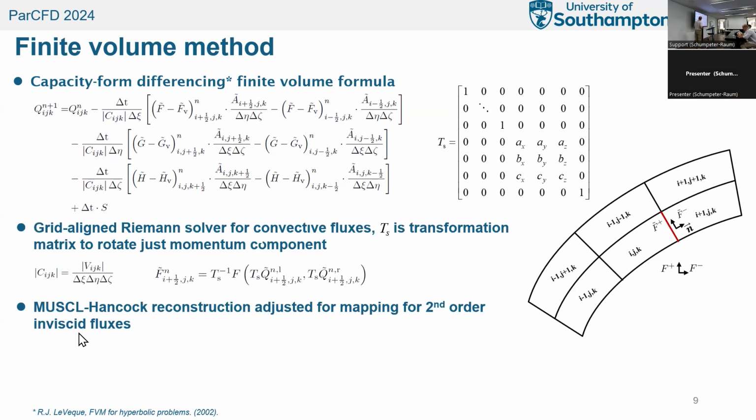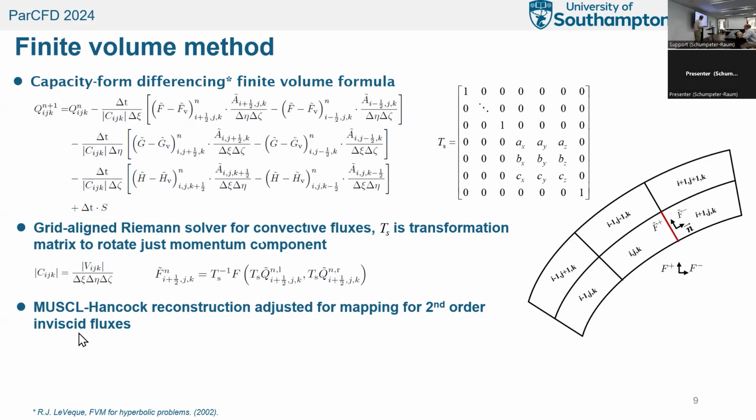This transformation matrix is used to transform the physical velocities to computational velocities in X and Y directions, which are then fed into the standard Cartesian Riemann solvers and then transformed backwards with T to the power of -1.